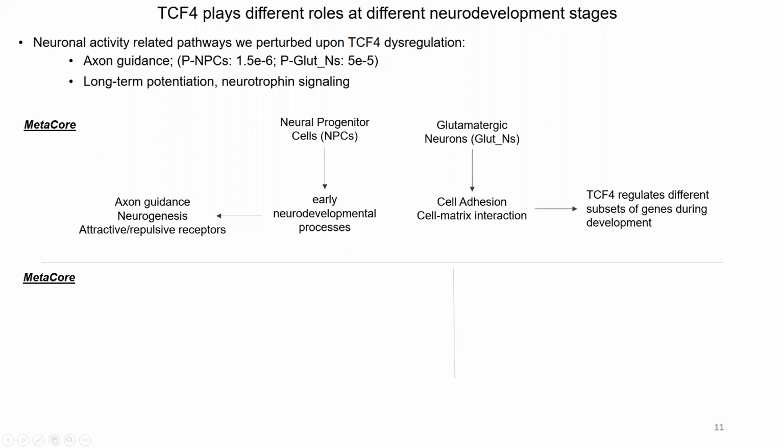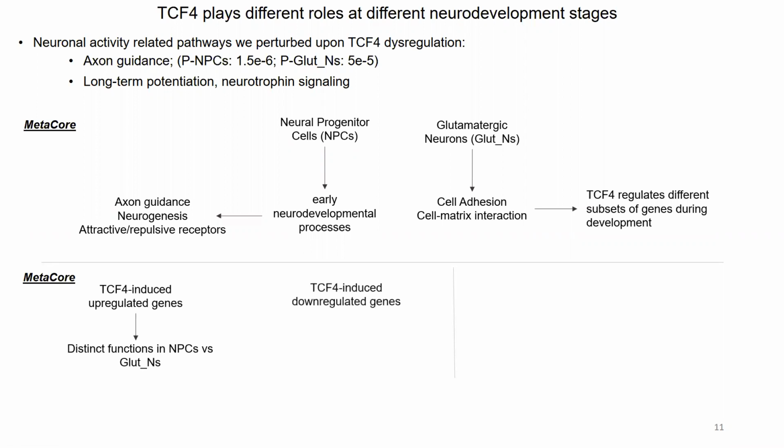In addition to these, we sought to investigate if TCF4-induced up or down-regulated genes cause distinct cellular functions. So we observed distinct functions in upregulated genes in neuronal progenitor cells versus glutamatergic neurons, while almost similar pathways were observed in downregulated genes.